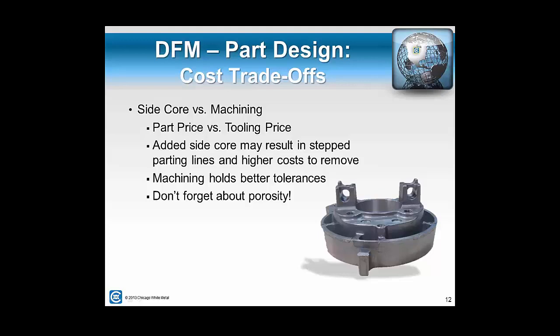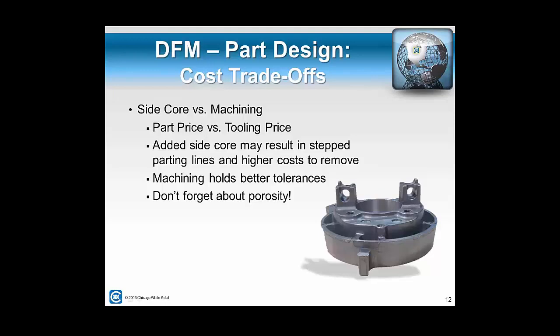The part price would be better if you cast those features in. Tool price would be higher if you do that, but depending on the volume of the project, if there's a good bit of volume, then maybe the added tooling expense to cast those features in would be an overall product cost savings.